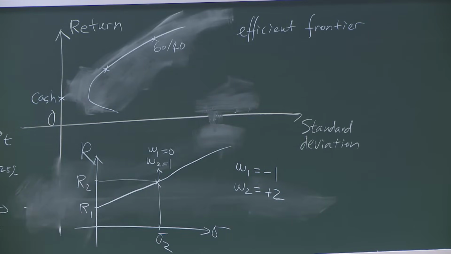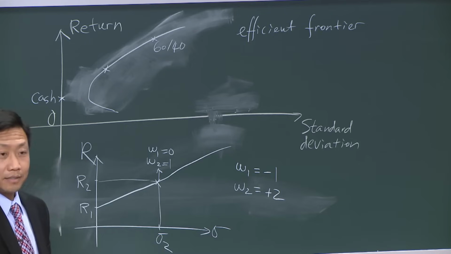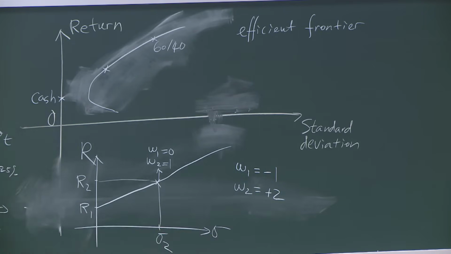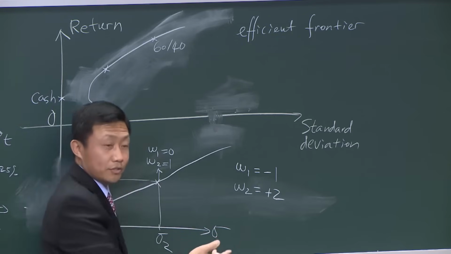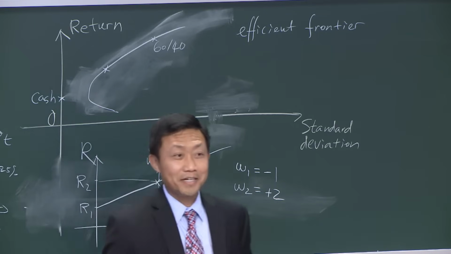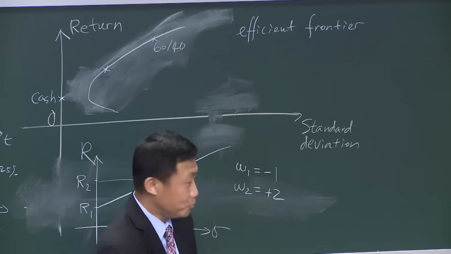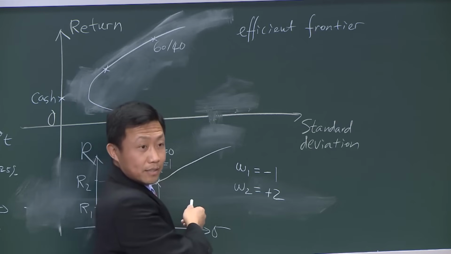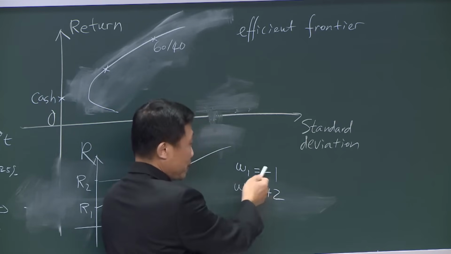So they still add up to 100%. But what's -1 mean? Borrow, right? So you went short cash 100%. You borrowed 100% of cash, then put it into buying equity or whatever risky assets here. So you have +2, -1.